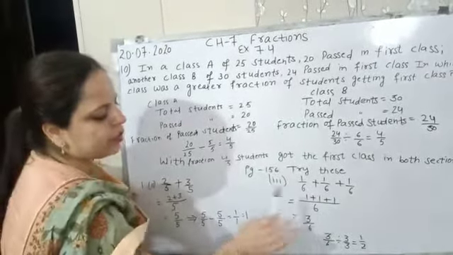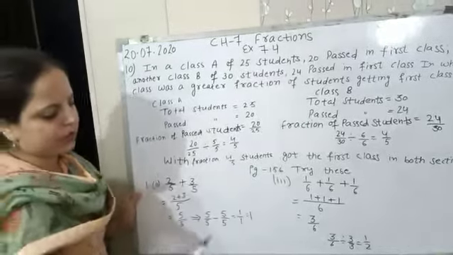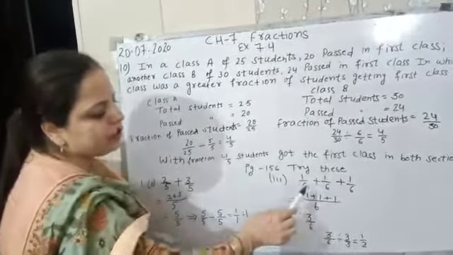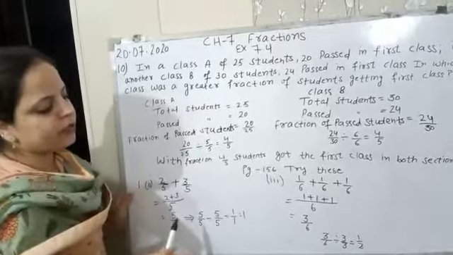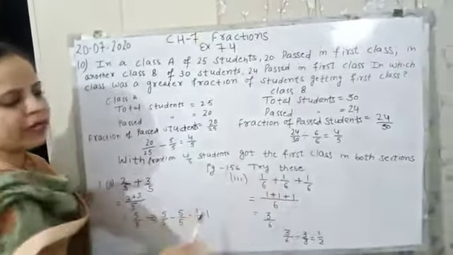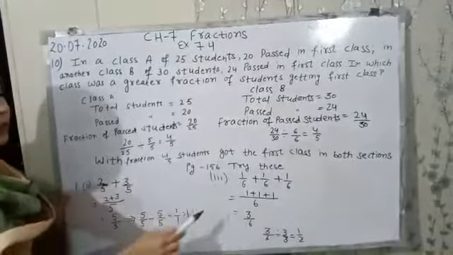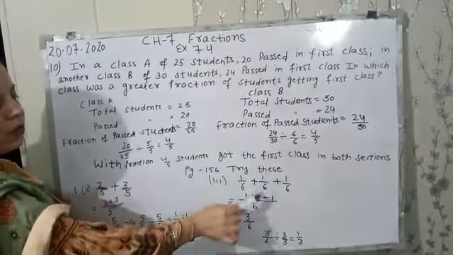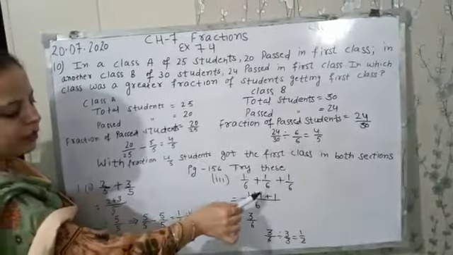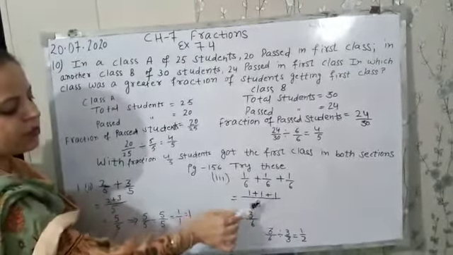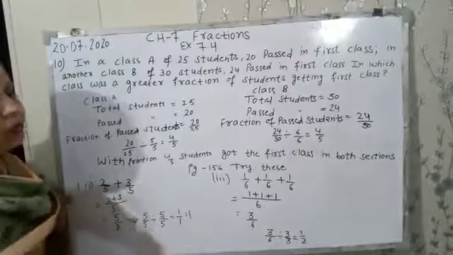So take the denominator the same here as 6. When we take this value as 6, no need to change our numerator terms either, means the 1, 1, 1 that is given, we will write the same as 1 plus 1 plus 1. When we add these all, the answer comes as 1 plus 1 plus 1 is 3. It comes 3 by 6.